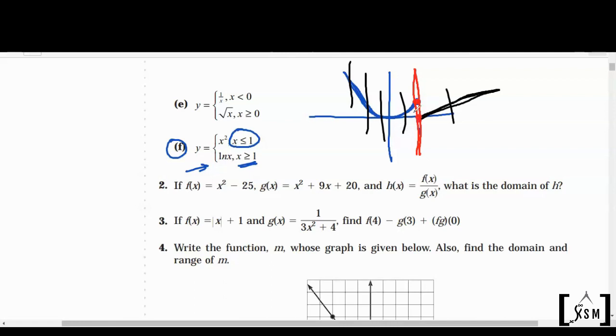So it is not a function. Please understand, guys. The first function is also defined when x is 1. When x is 1, the first function is giving y equal to 1 square, which is 1. And the second function is also defined when x is 1. So when x is 1, the y value we are getting is ln 1, and ln 1 is 0, right?